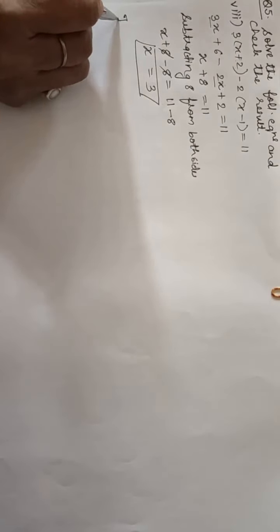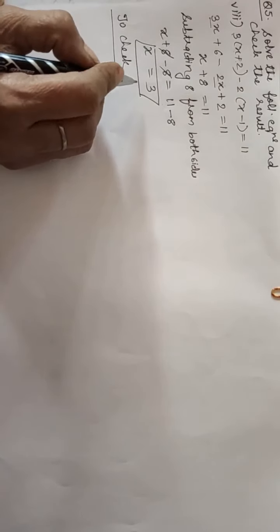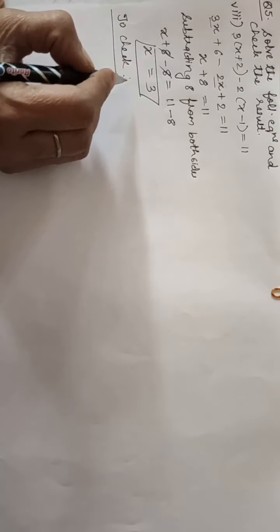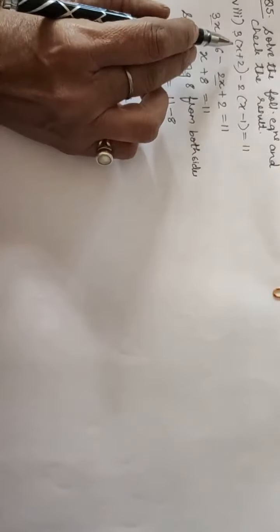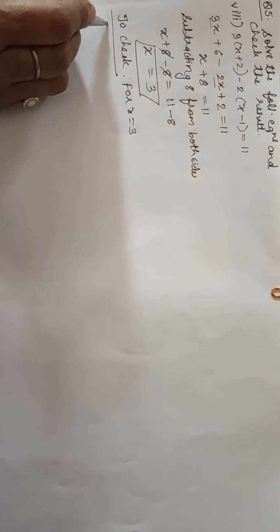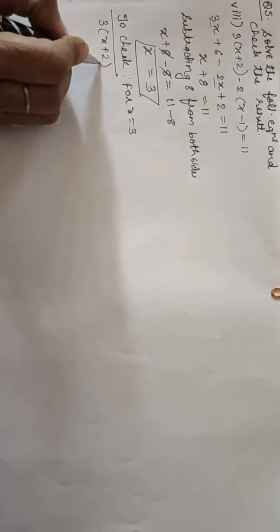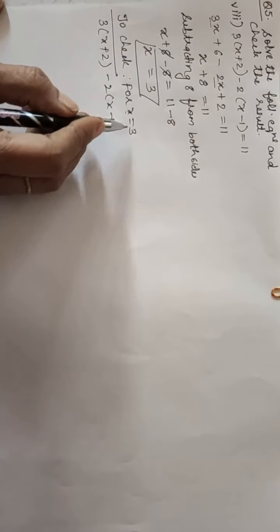Now let's check the result. So we will write, to check, for x equals 3. Now write down left hand side. As you can see here in this question, variables are on the left hand side part only. So in left hand side write down 3x plus 2 minus this and this. Now x is equal to 3.